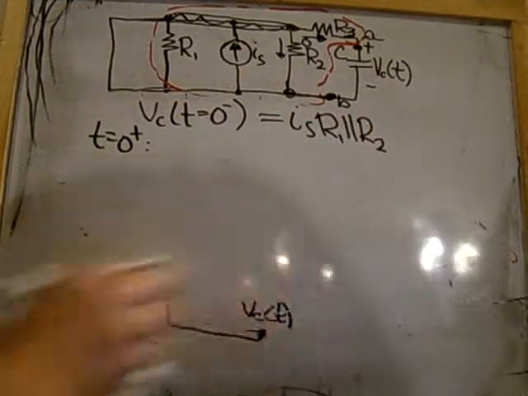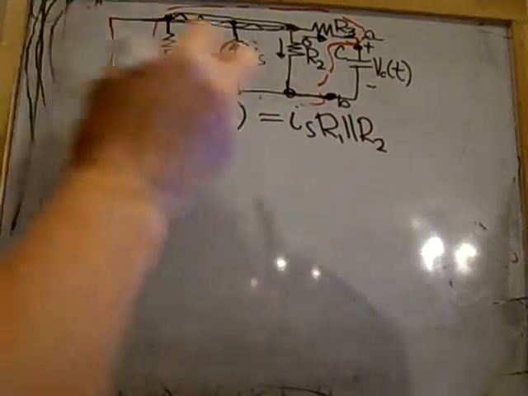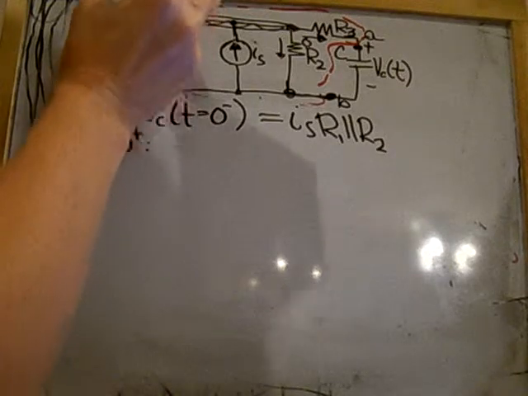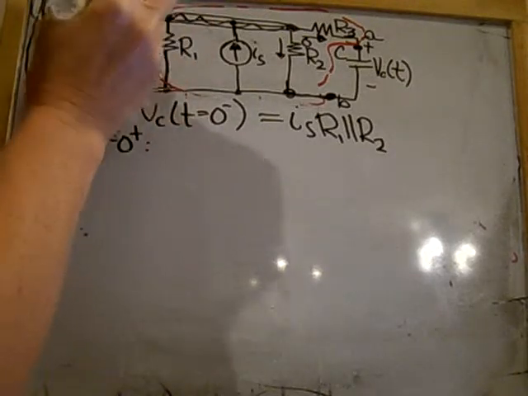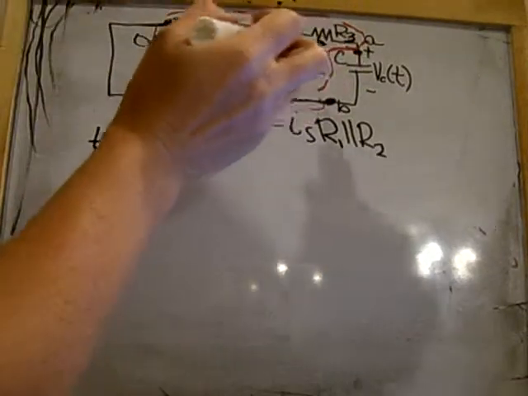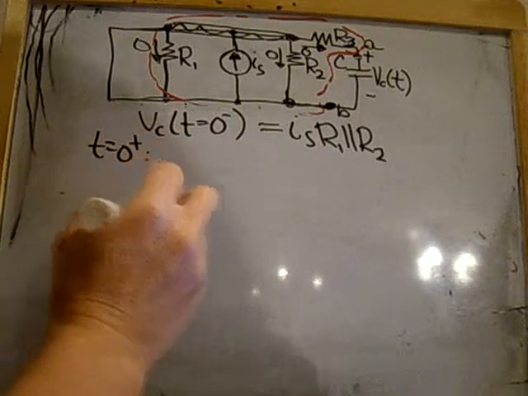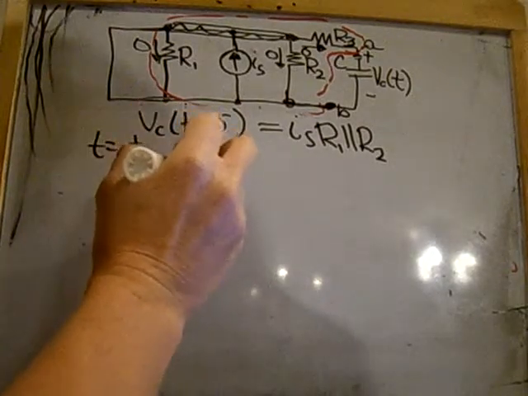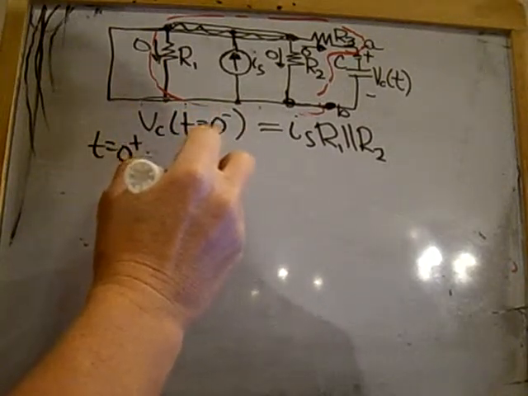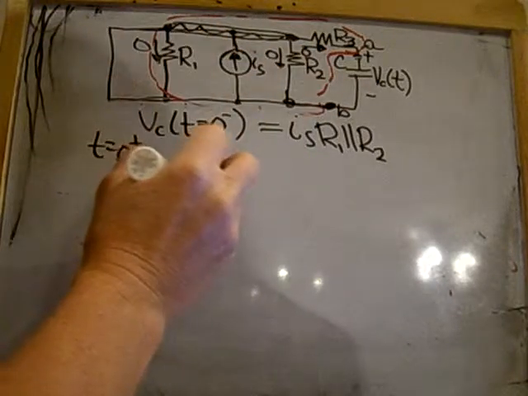With this as a short, there's going to be no current flow here and no current flow here now. The capacitor will act as a voltage source now, because that's the value of what we have right before it.